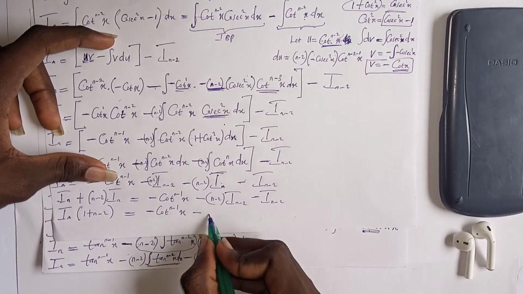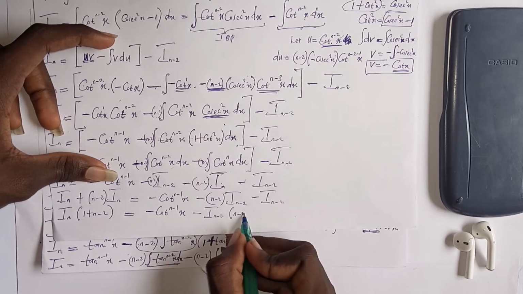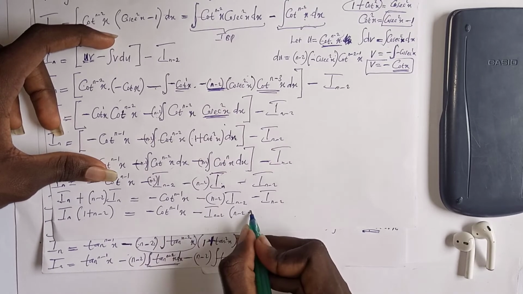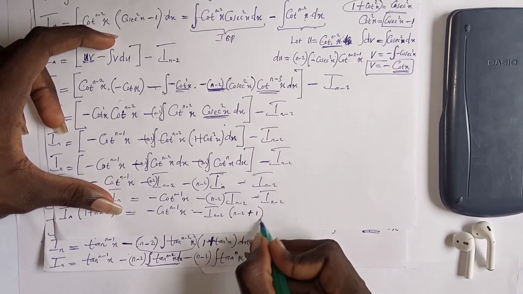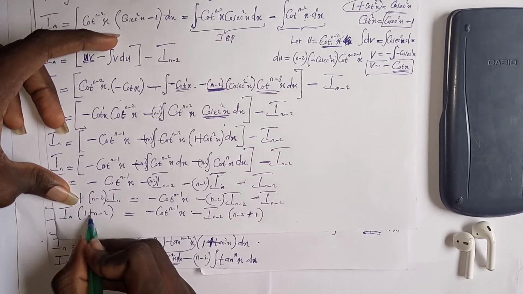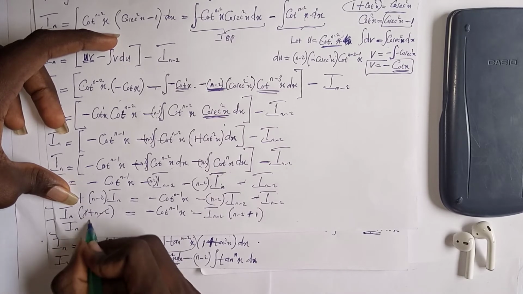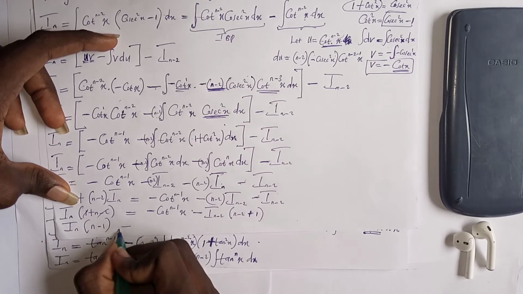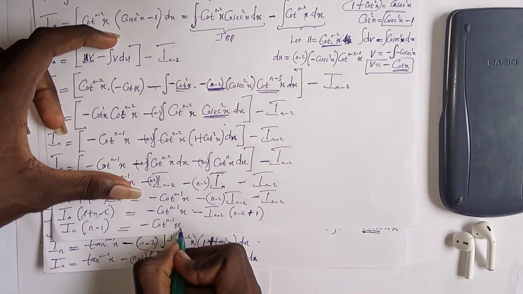Minus is common here, and then we factor out n minus 2 also, leaving us with n minus 2. Then minus times plus gives us this back, or minus and minus is plus, and I have 1. So here in this case, 1 minus 2 is minus 1. I have n minus 1 of in equals minus cot of n minus 1 of x, right?